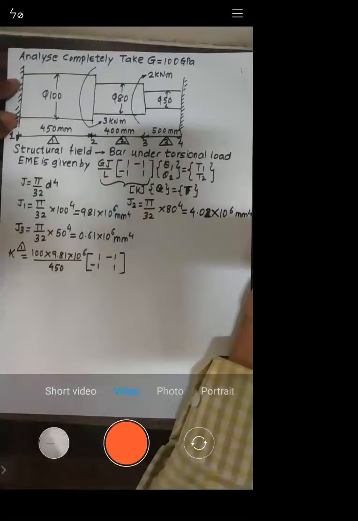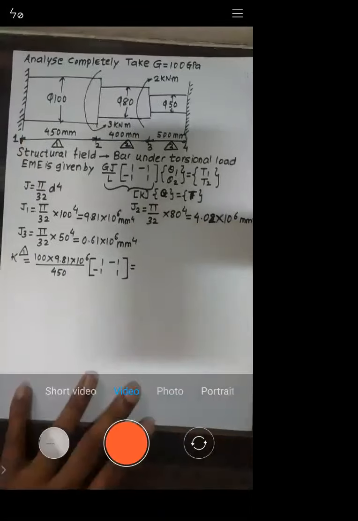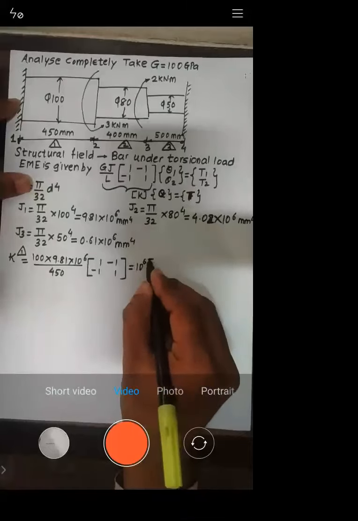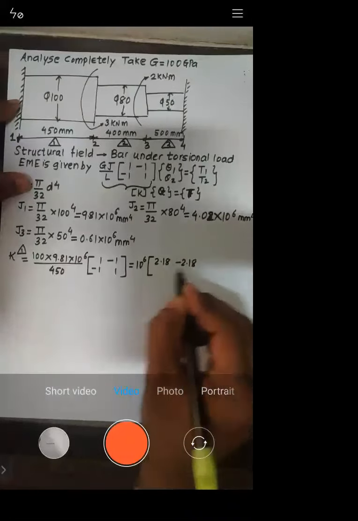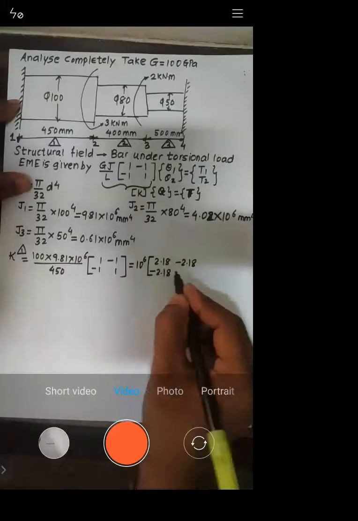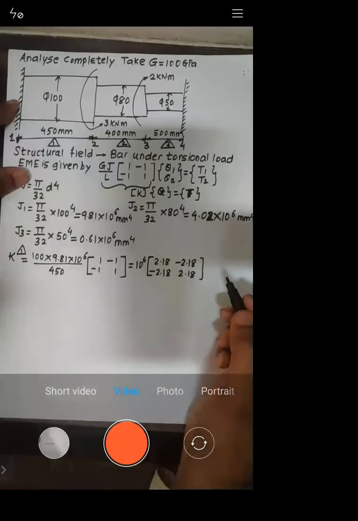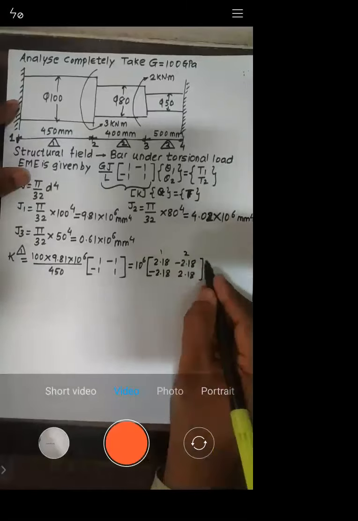So this we are writing for element number 1. Tell me how much value you are getting. It is 2.18 into 10 raised to power 6, so the matrix is 2.18, minus 2.18, minus 2.18, 2.18. Is it okay? This element number 1 is between nodes 1 and 2, so I will write down 1, 2, 1, 2.